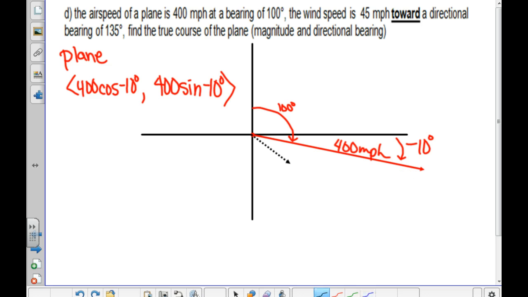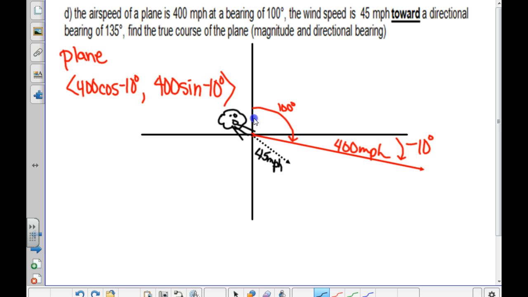All right, what about the wind? This time it's blowing the plane toward a bearing of 135. Toward is easier because you don't have to reverse it, okay? The wind is over here. Here's Mr. Wind, and he's blowing it this way. 45 miles per hour.